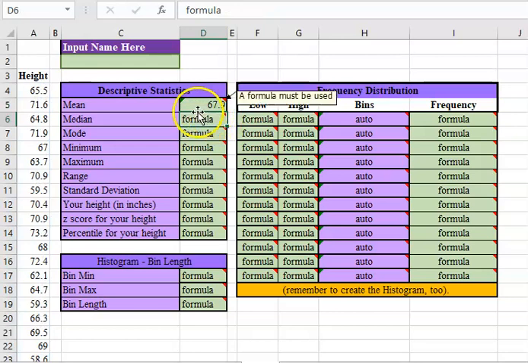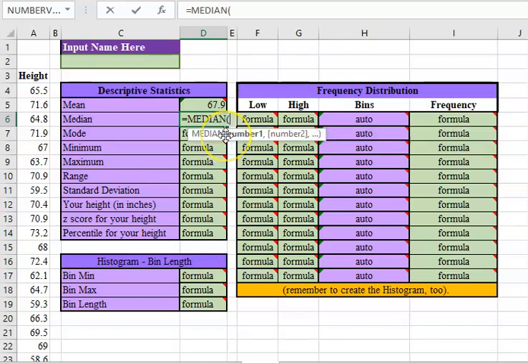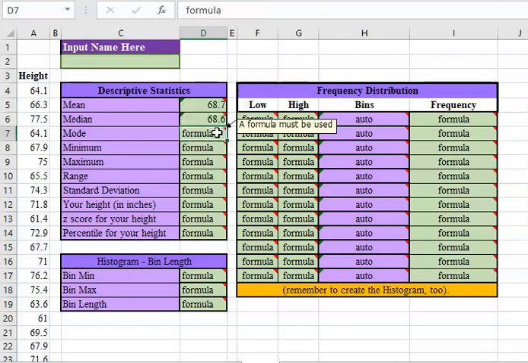The average value is 67.9. To find the median, equal, type in median, double click on the median function, enter the whole data set cell, enter. The mean and median are almost equivalent.